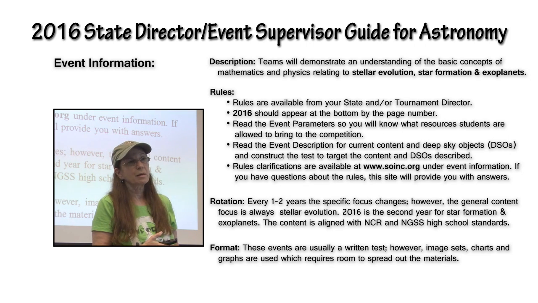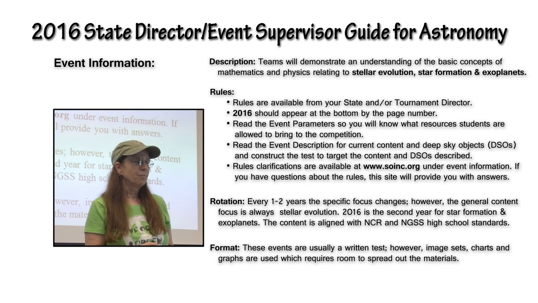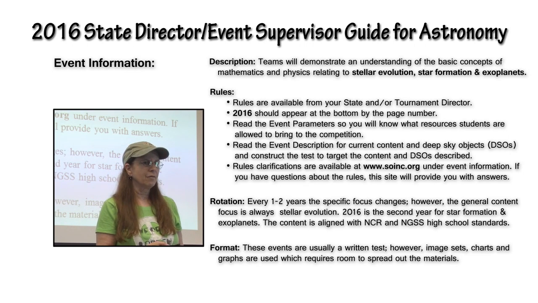But when we do something that's kind of quite different than the normal, like exoplanets, we have a 2 year rotation. So this is the second year of exoplanets, and next year it will rotate back to stellar evolution and type 1a supernova events. It's a written test. However, a lot of image sets and charts and graphs are used.